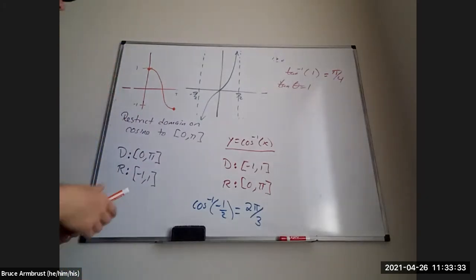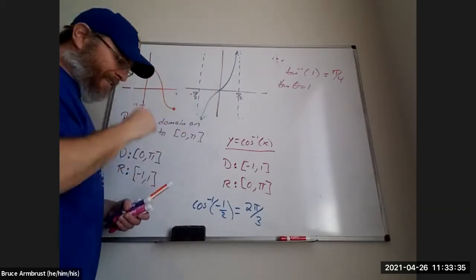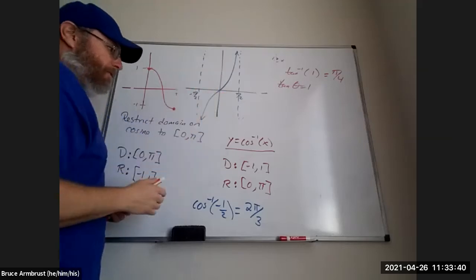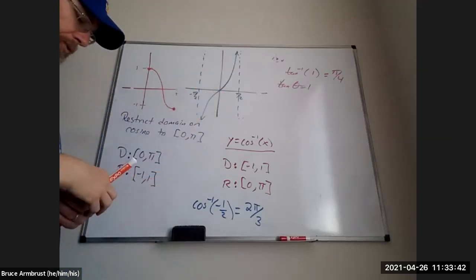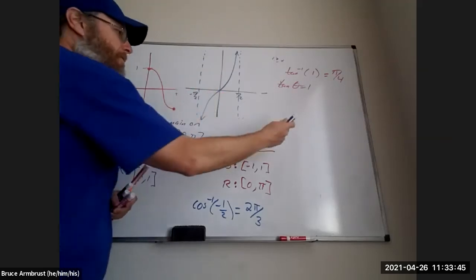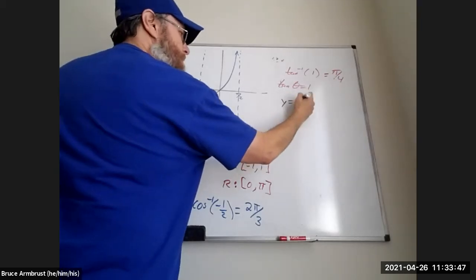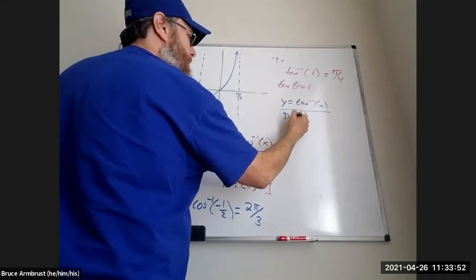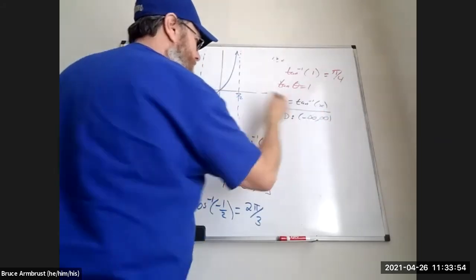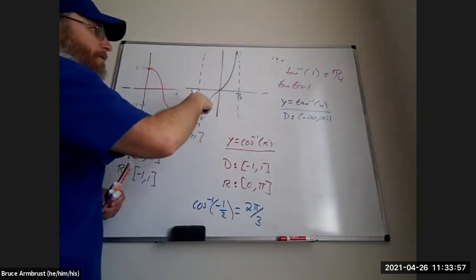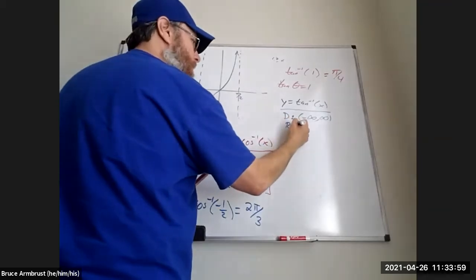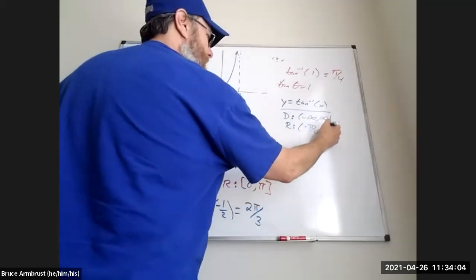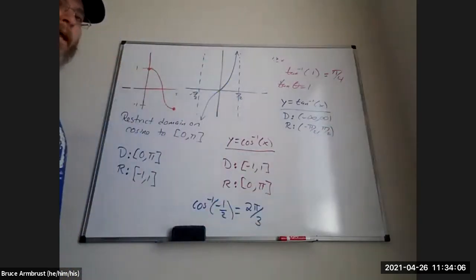All right, so that means for inverse tangent, we're going to be looking for angles between minus pi over 2 and pi over 2. So let me go ahead and write that up here. So for y equals tangent inverse, now the domain is going to be all real numbers. You can plug in any number you want, but what you're going to get out are the angles that are between minus pi over 2 and pi over 2.